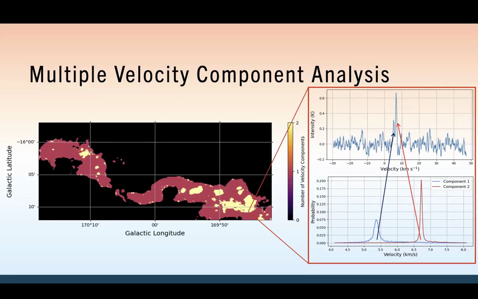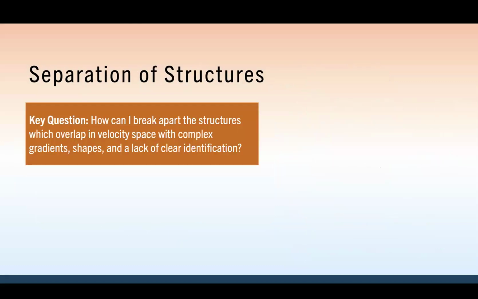But what happens when we shift from here to down here, where there's only one component? Well, in this redder part of the map, everything is labeled as being component 1, regardless of if the structure that it's a part of is otherwise identified as being component 2, which made it a tricky problem to solve.